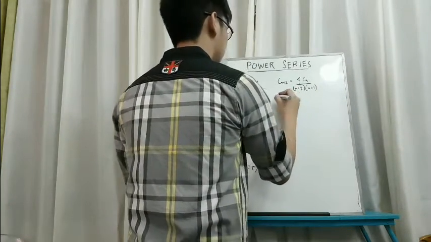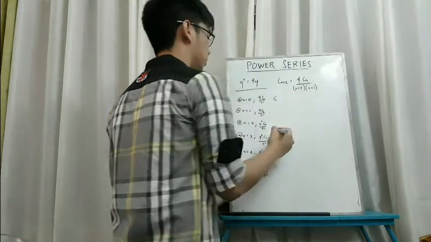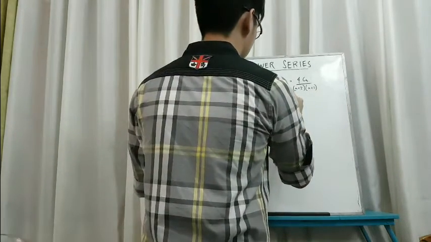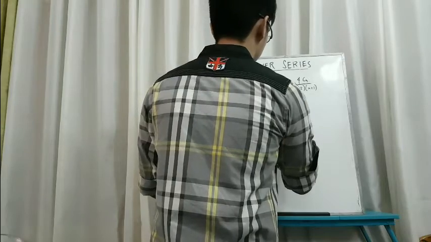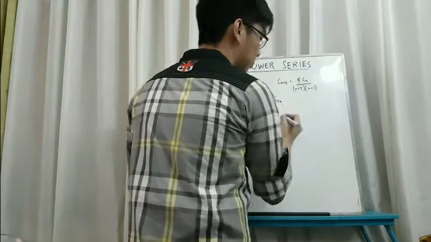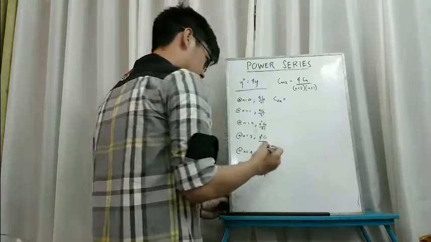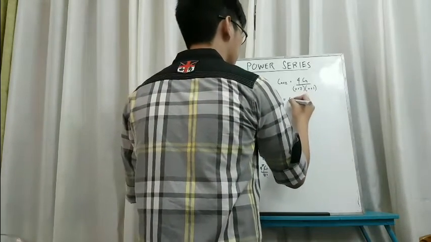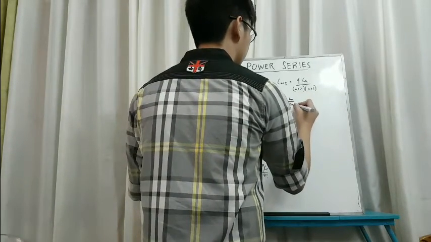So for C2n, even numbers, equal to C0 all over 2n factorial.